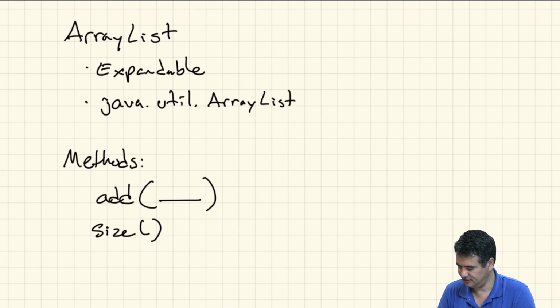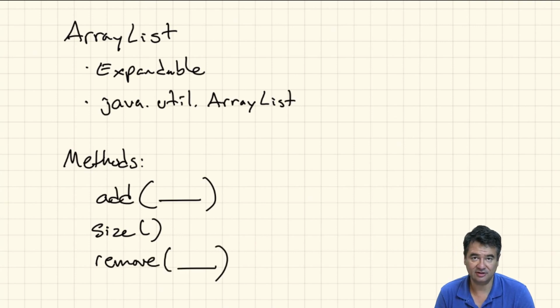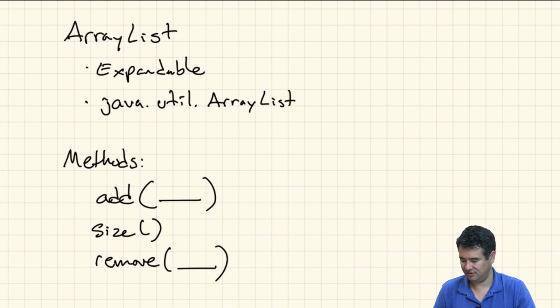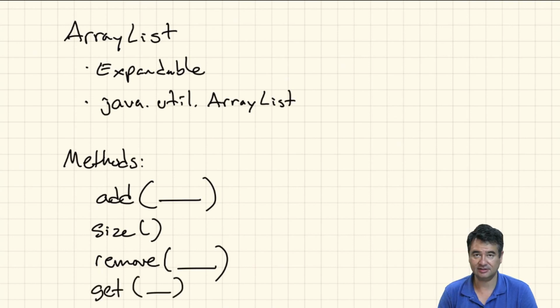There is remove. And what you do is you give it an index number. I say I want to remove element number 2, and it will pull that one out and then slide everything down so that it compacts it down. And then there's get. You give it an index number, and it returns the element at that position.